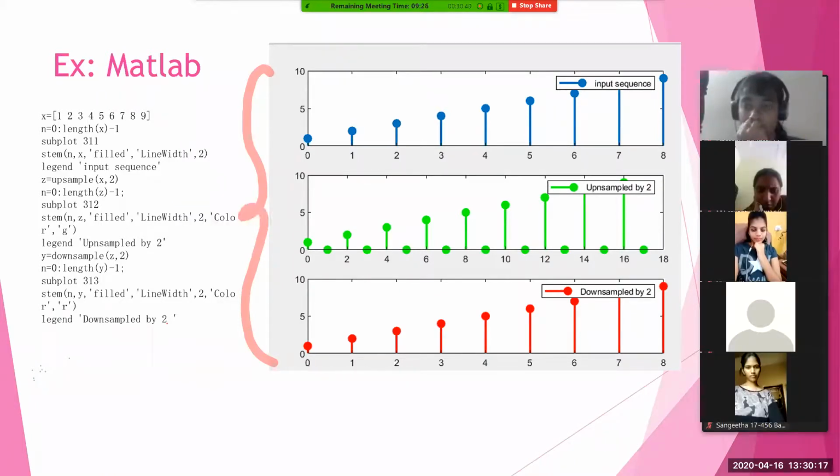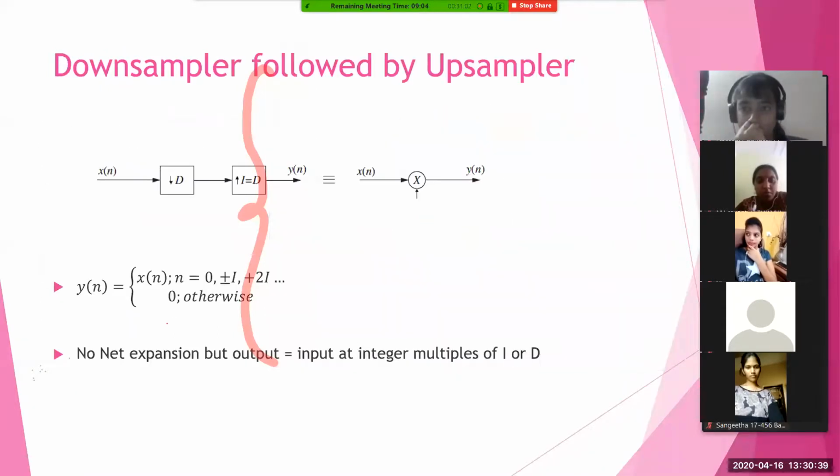When I downsampled it again by a factor of 2, as you can see, the input sequence and the third sequence are in fact the same. So whenever an upsampler is followed by a downsampler of the same value, they cancel each other. Why I am saying it is important is that, just a sec.